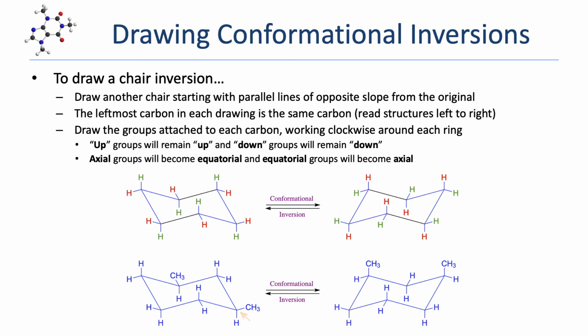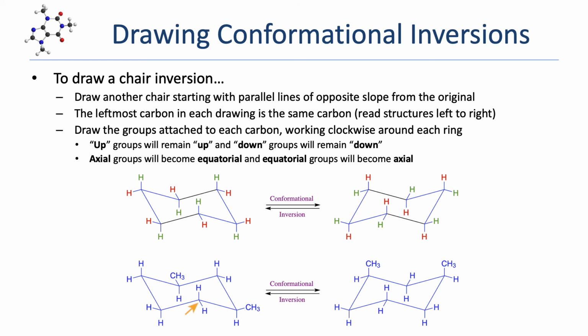So when we go to the new drawing, find the rightmost carbon there. We're going to have a methyl group now pointing up and axial because it was up and equatorial. And we're going to have a hydrogen pointing down and equatorial because in the original drawing it was down and axial.